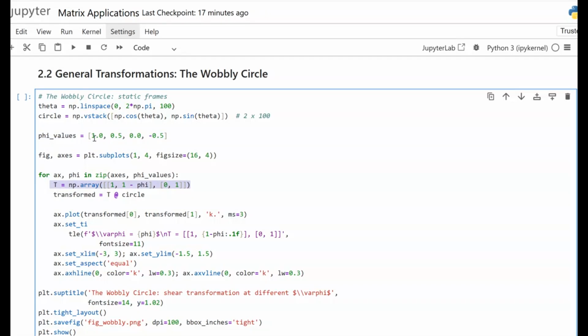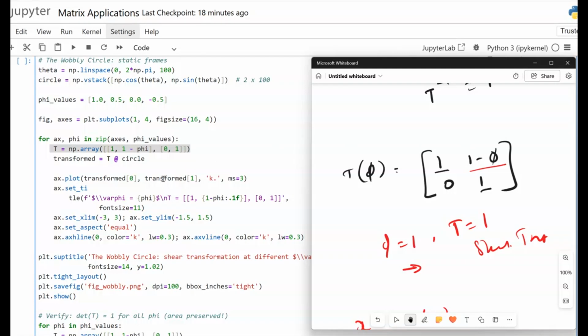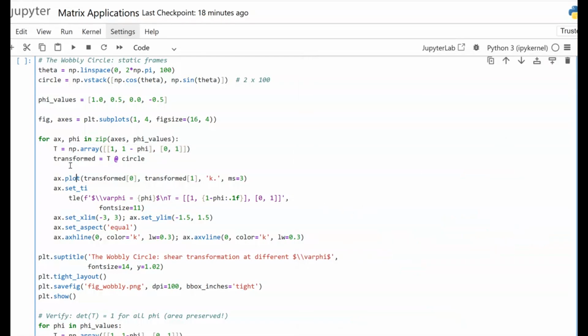For each different value, we have this loop functionality, which I have already specified. This is the exact equation, of the general form we have already discussed: T of pi equals a matrix with first row 1 and 1 minus pi, and second row 0 and 1. Now let me move on to the interpretation of the transformation.